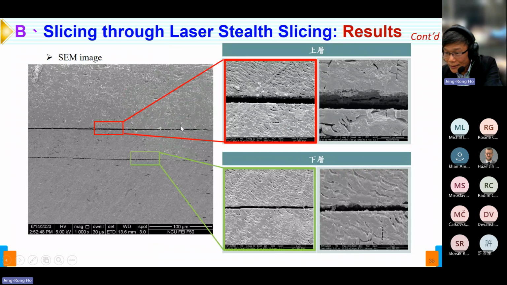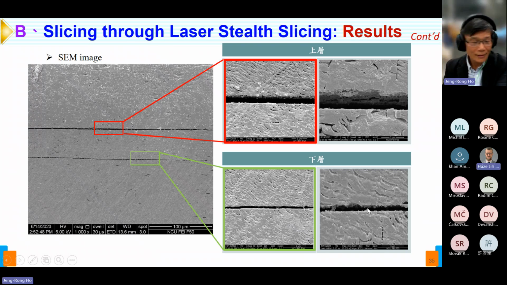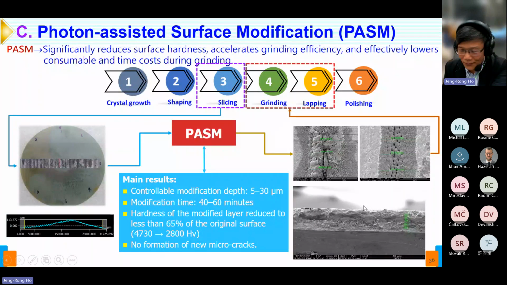Again, you can see very clearly after etching a sliced layer, and the thickness is less than 5 micron. Okay, then I'm going to move to the third portion of my results.